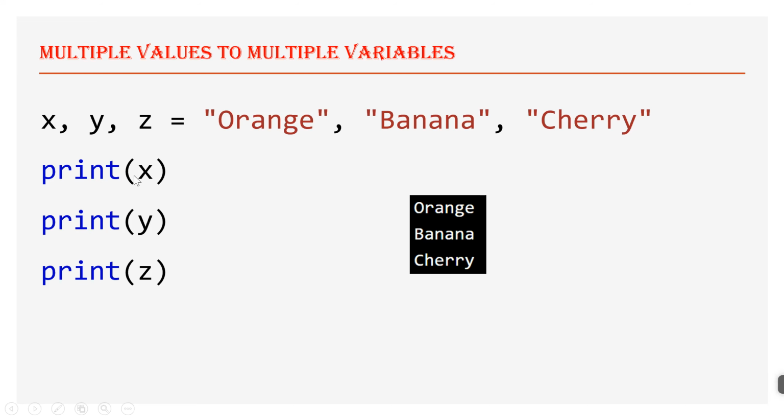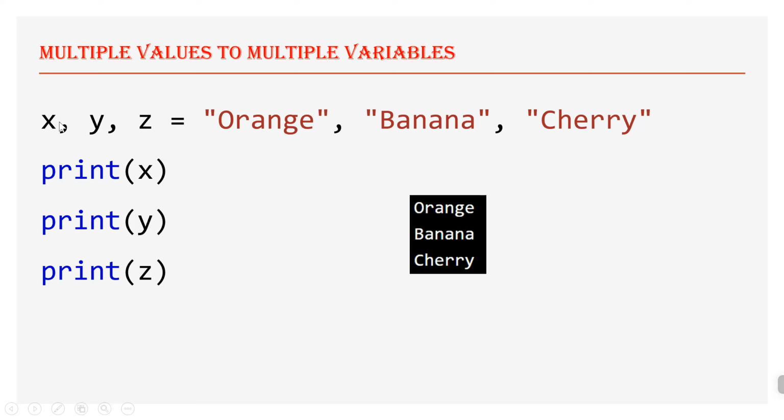Now coming to another very important point: multiple values to multiple variables. Here we have three variables, and in a single line we are assigning the values. X, y, z is equal to orange, banana, cherry.